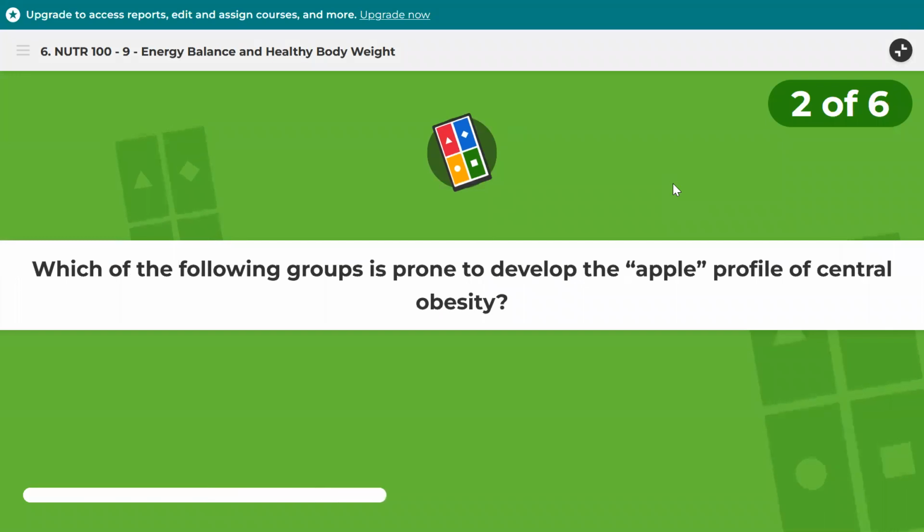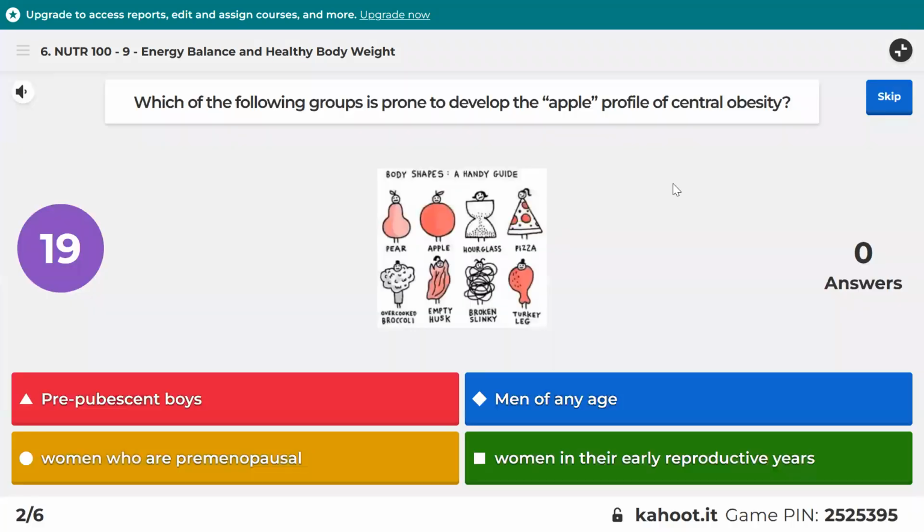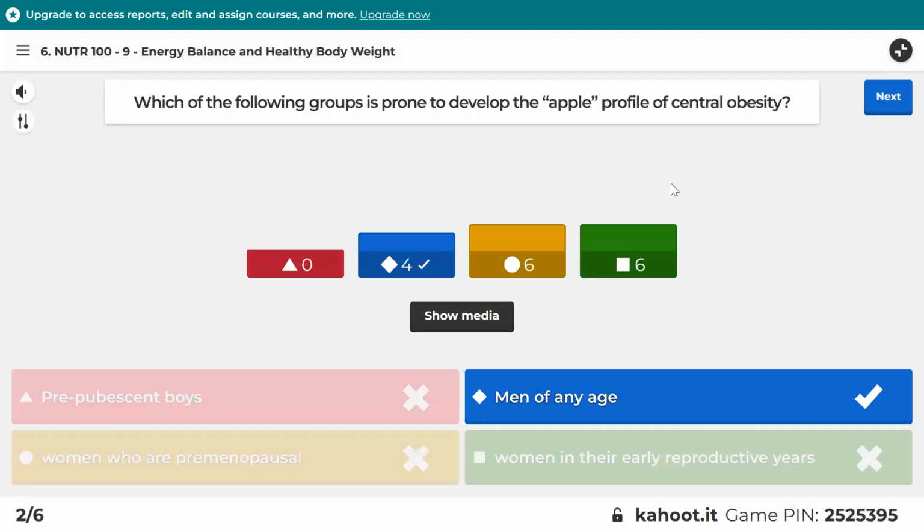Which of the following groups is prone to develop the apple profile of central obesity? So the correct answer is men of any age.